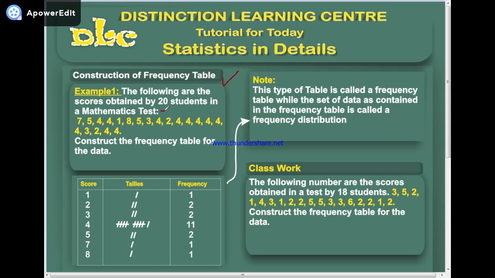That means all these data are the scores of 20 students in a mathematics test. Now, we have 7 scores. Some score 7, some score 5, some score 4, and so on. This data, we want to use to construct a frequency table.